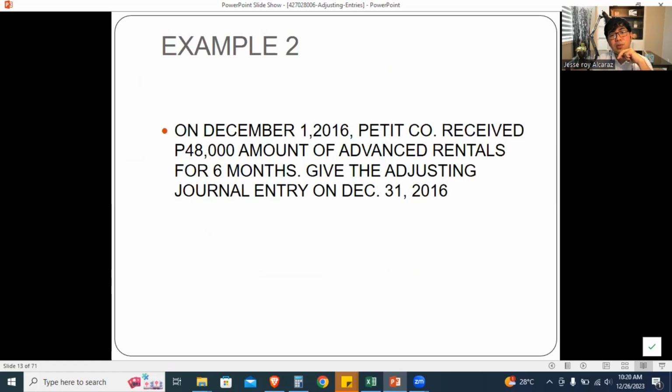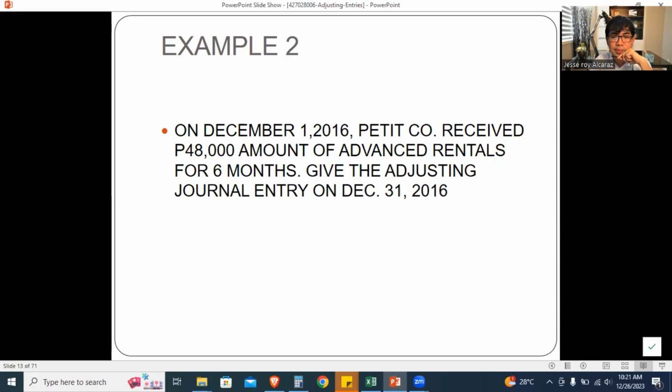Okay, example number 2. On December 1, 2016, Pitit received 48,000 pesos, amount of advance rentals for 6 months. So, kita ang nag-offer og rental services dire and isa sa atong client si Pitit.